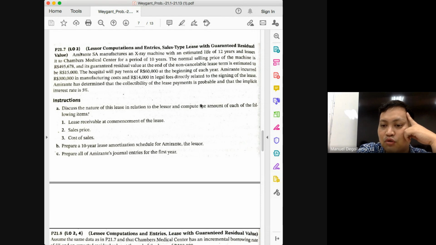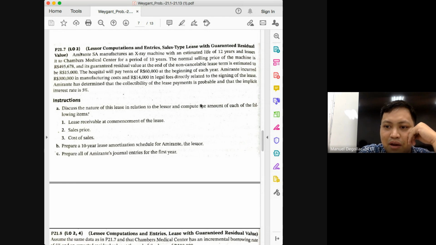And the lump sum PV factor for 5% for 10 years, rounded off to 5 decimal places, would be 0.61391. Multiply that with 15,000, you would get 9,209. You add that with the 486,469, the total present value of your lease payments would be 495,678.